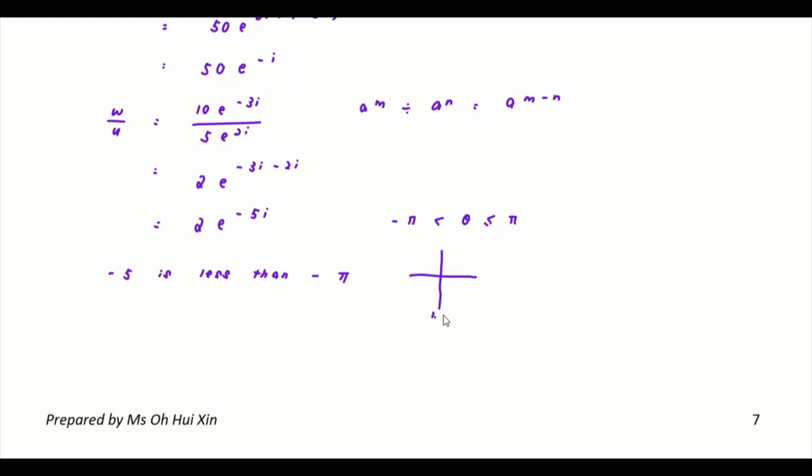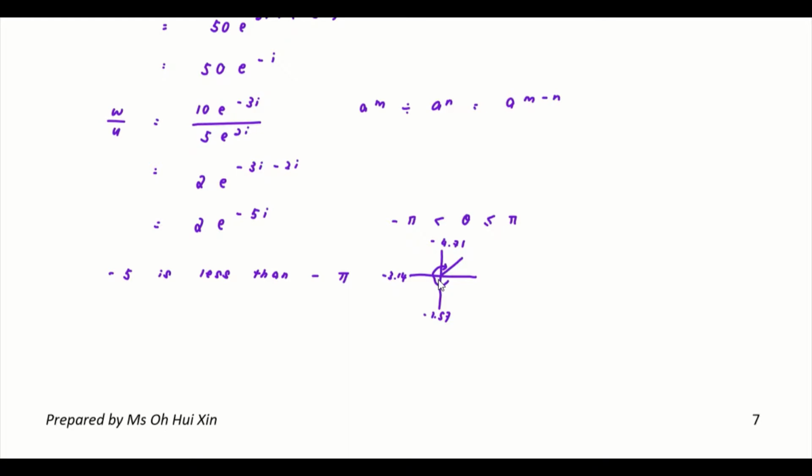So you can imagine this is negative 1.57, then you have negative 3.14. When you move on and add another half pi, you get negative 4.72. Coming back, it will be negative 2 pi. So you can imagine negative 5 is going to be somewhere here, so it reaches here.